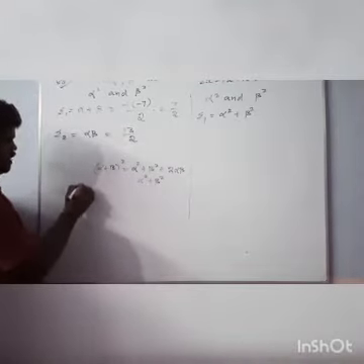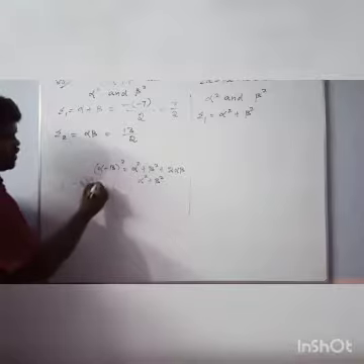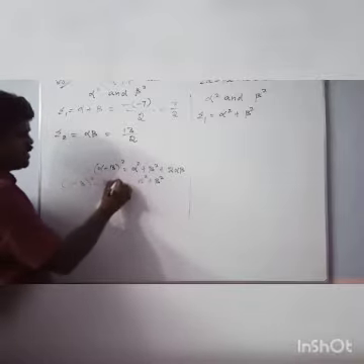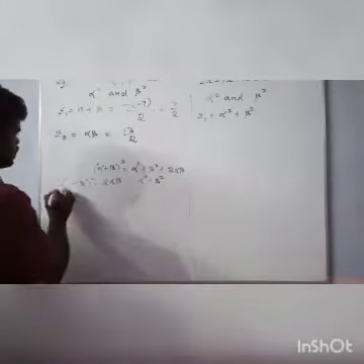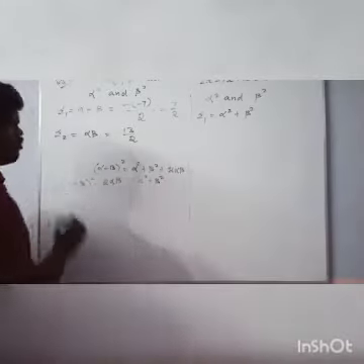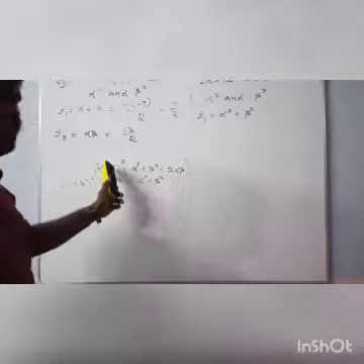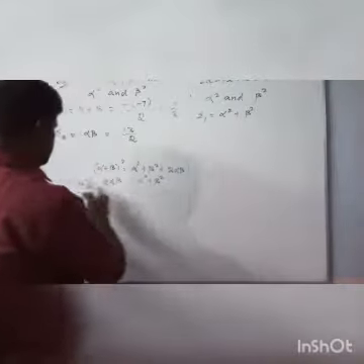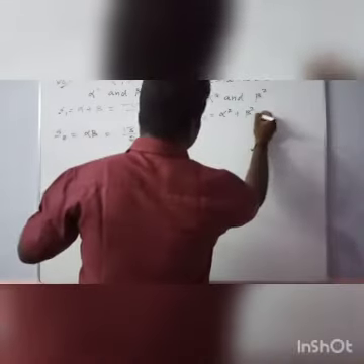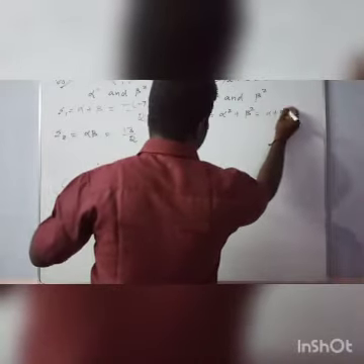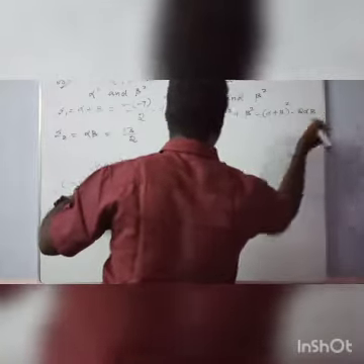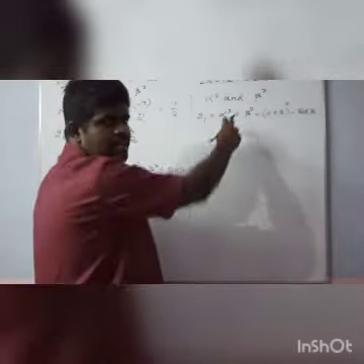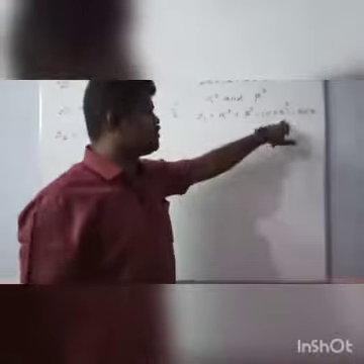So alpha plus beta whole square minus 2 alpha beta. This is one more formula from the well known formula. Right. So alpha square plus beta square means alpha plus beta whole square minus 2 alpha beta. We cannot find it directly, so we use this formula only.